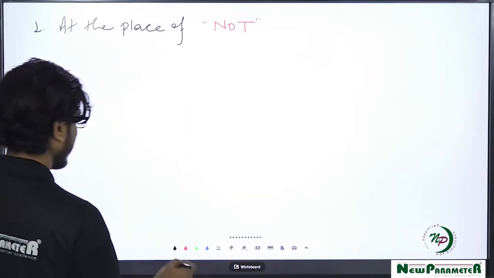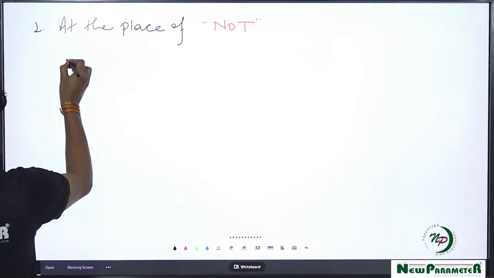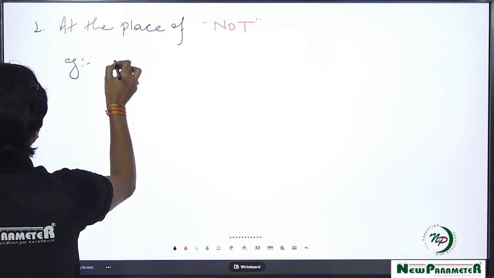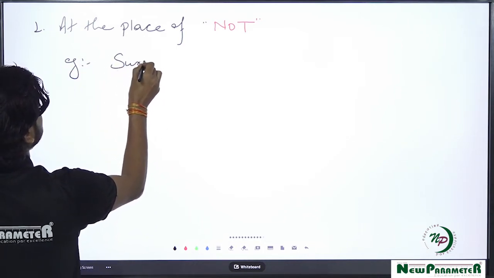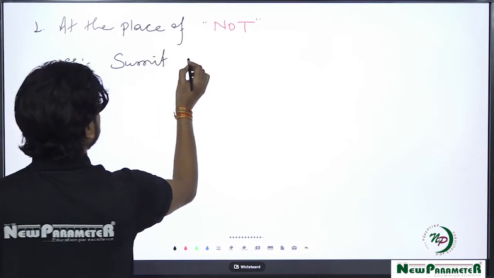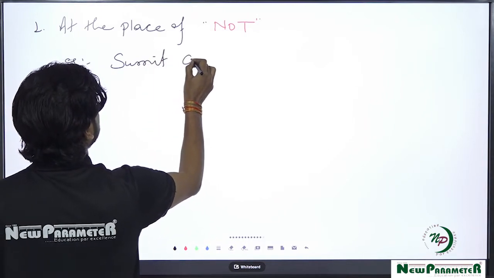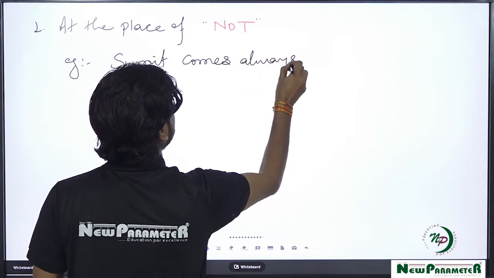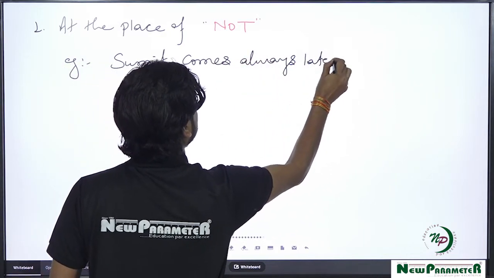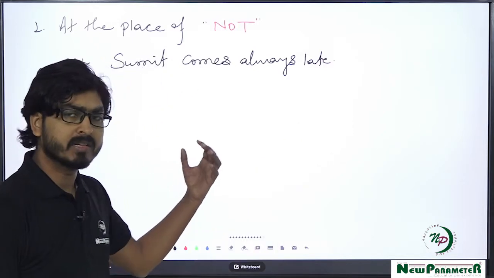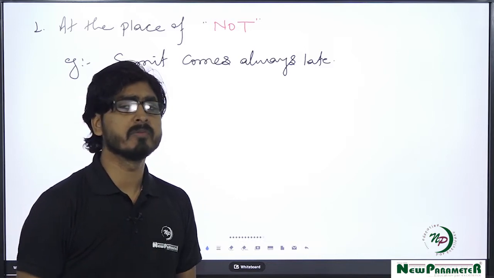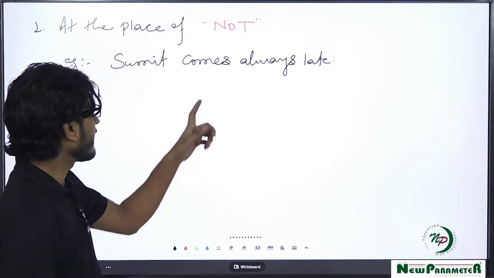Say for example, Sumit comes always late. I don't know whether this sentence is correct or not, but we have to just find out the adverb in this sentence. We have an action, that is comes.